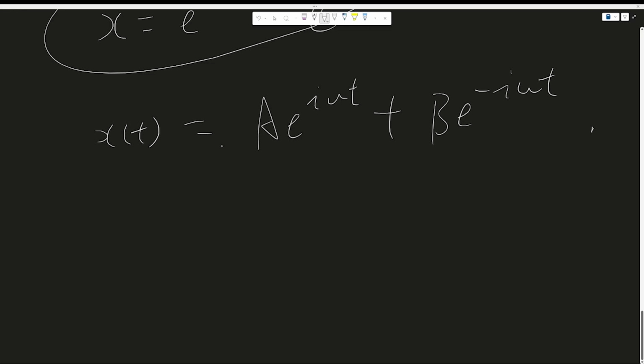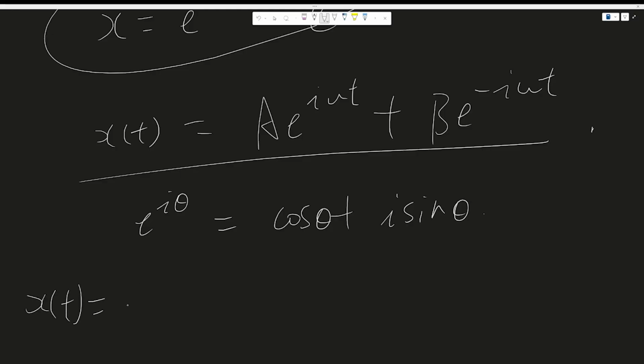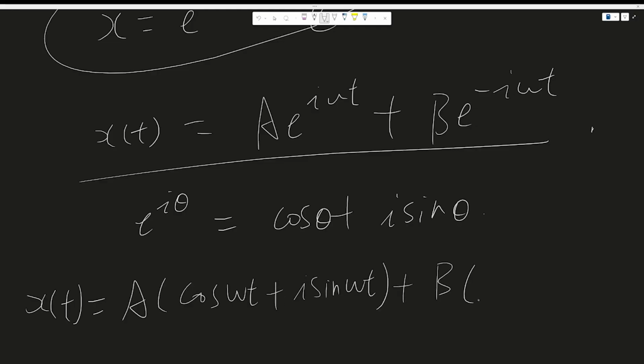And how can we write this? Well, recall that e to the power of i theta equals cosine theta plus i sine theta. So again, we can rewrite this. x of t becomes a times (cosine omega t plus i sine omega t) plus b times (cosine omega t minus i sine omega t).